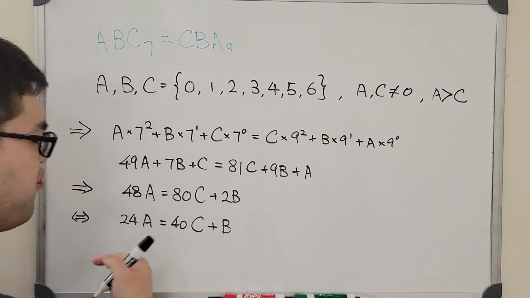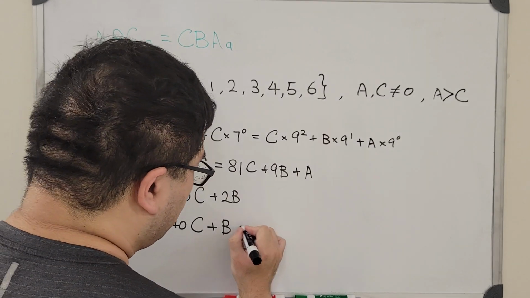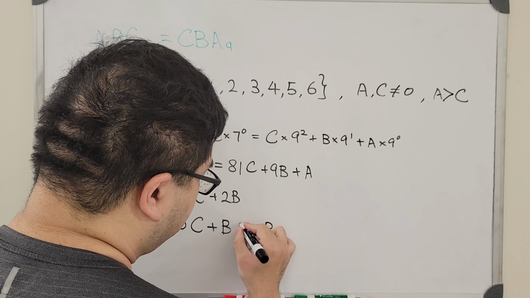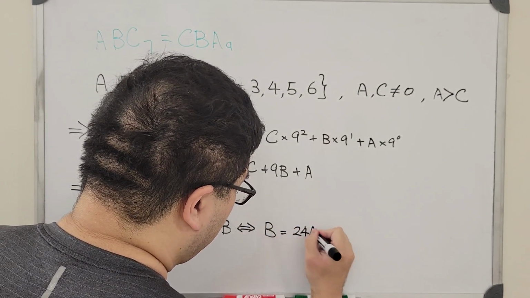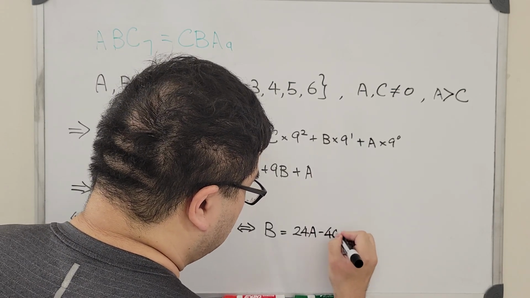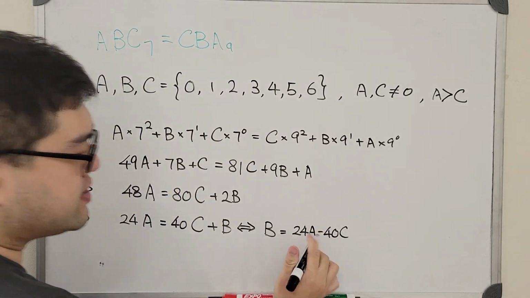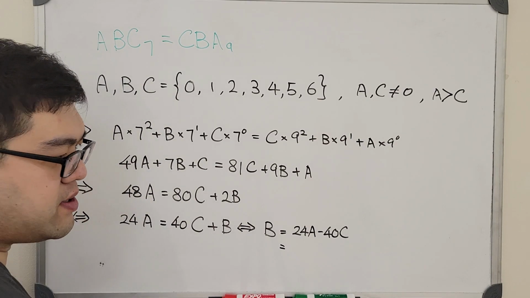Well, if we now rearrange the order, we get B is in fact equal to 24A minus 40C. And on the right hand side, we can also try to factor out something.